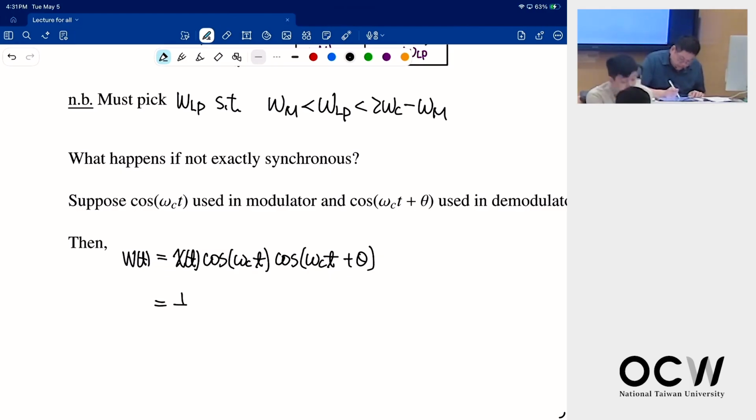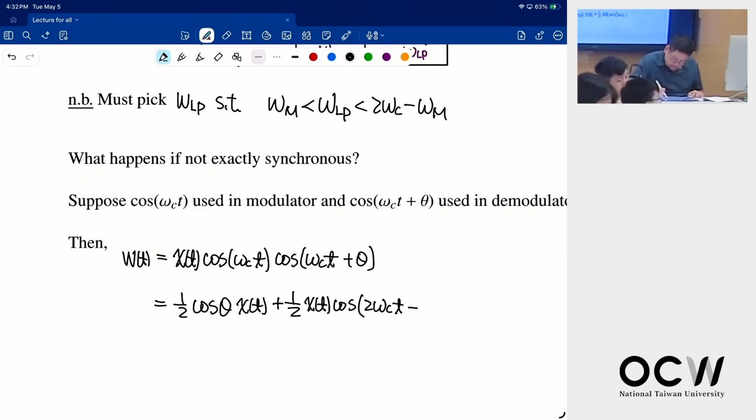Then we have 1/2 cosine theta x, and 1/2 x cosine 2 omega ct plus theta.